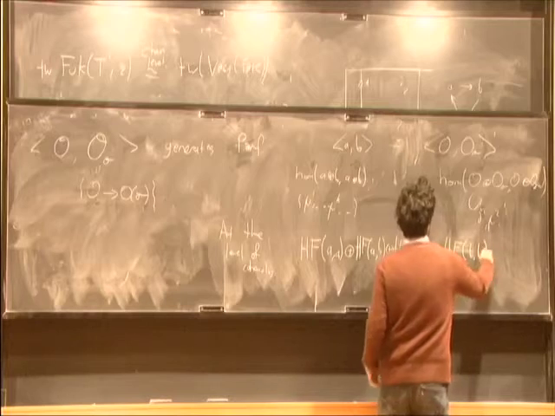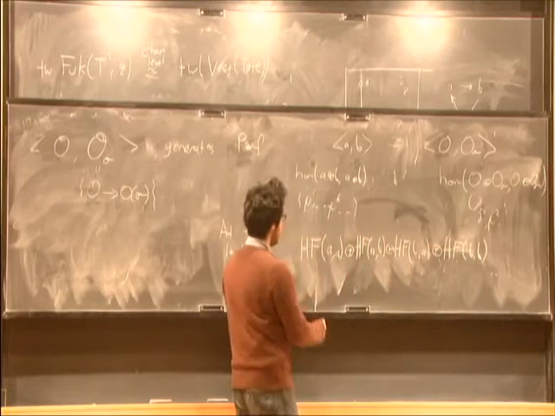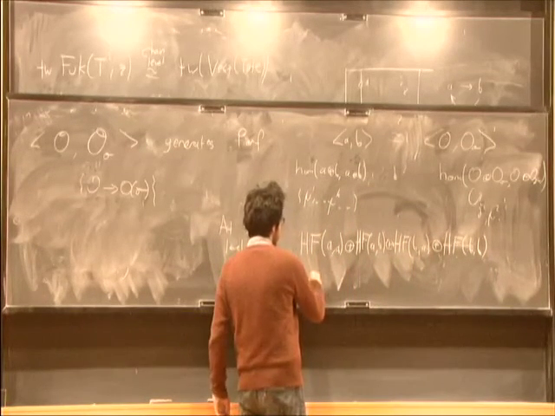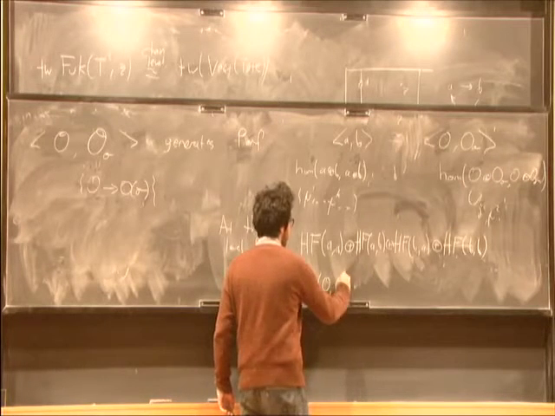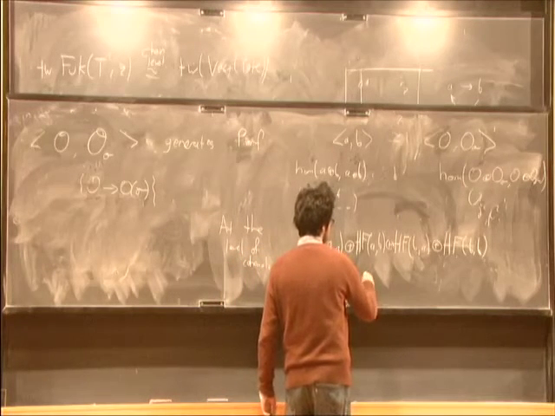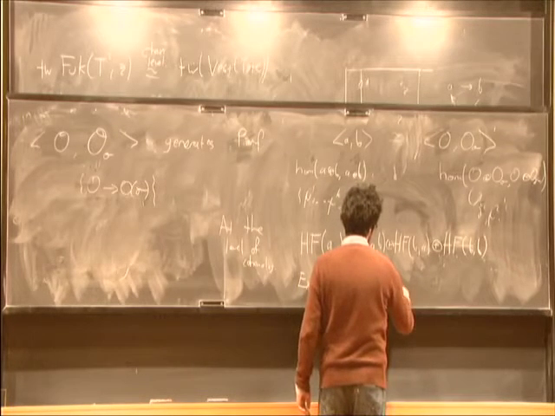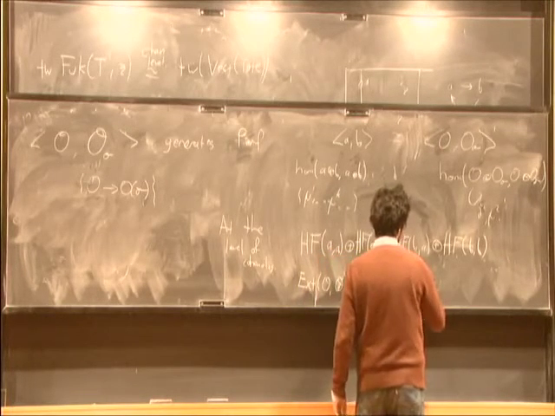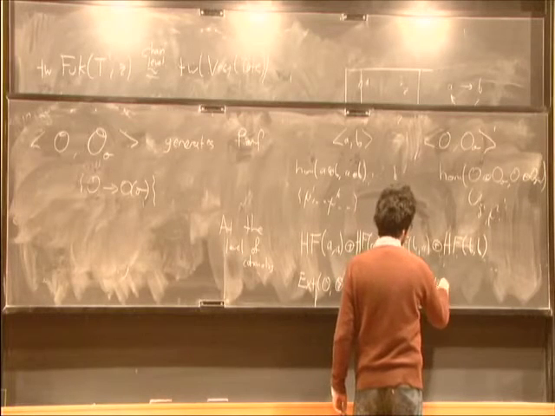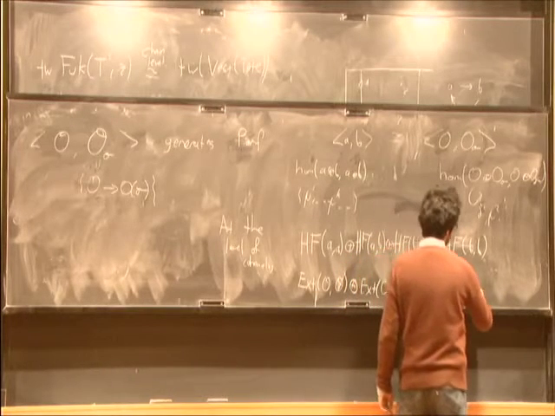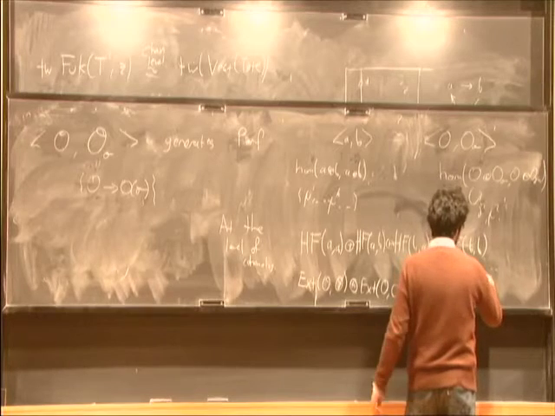Between objects on the symplectic side, and then on the algebraic side, I have again Ext-group computations. And I need to have that these are isomorphic as algebras.